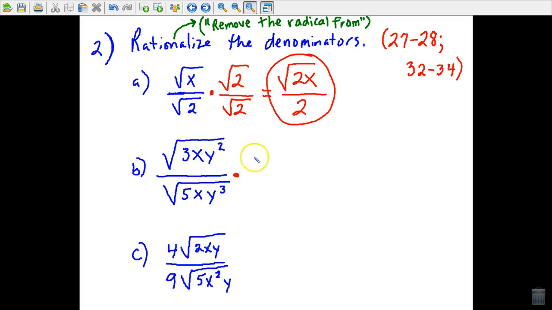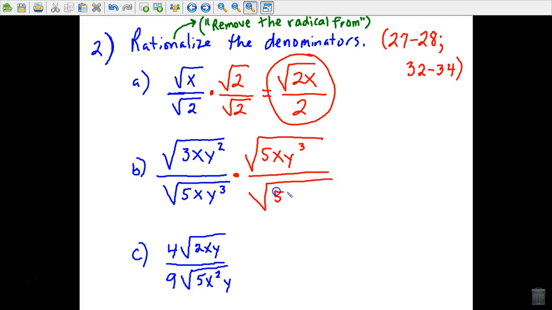Letter B is very similar. It's a square root, so first of all, I guess it's a good reminder, just double check if you can reduce. For example, 3 is not divisible by 5 evenly, so I'm going to rationalize by multiplying by the radical in the denominator.